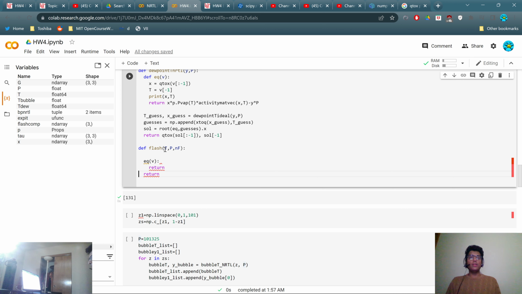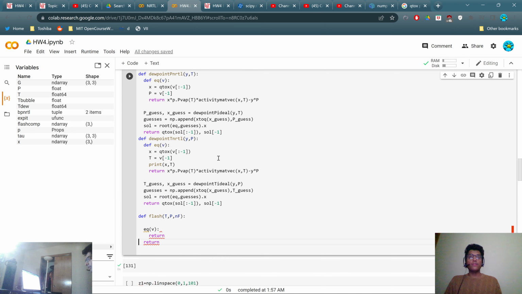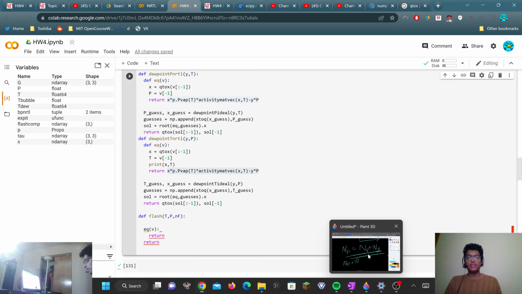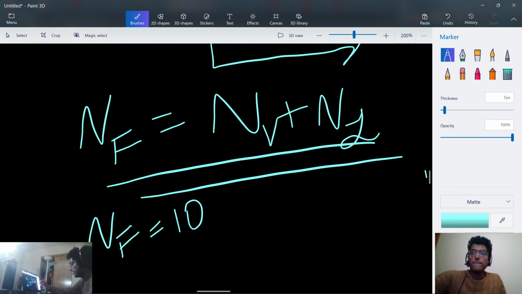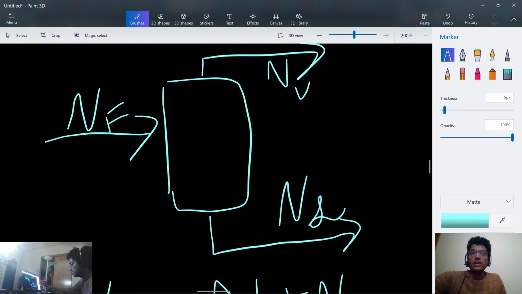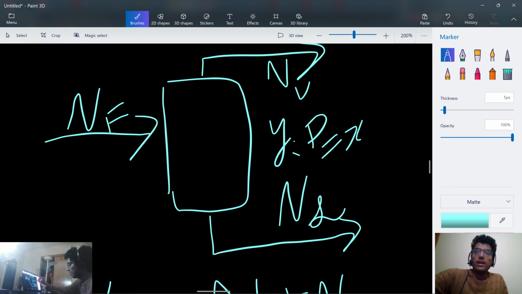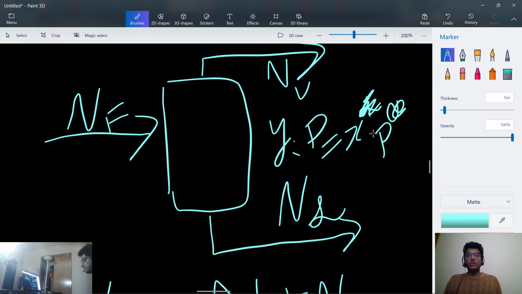This is what we want to minimize, and I'm pretty sure that what we're going to minimize here is still Raoult's law. If you go to our handy dandy drawing, the flash calculation is in vapor liquid equilibria, so y_i P equals x_i times P star. This is our big constraint.